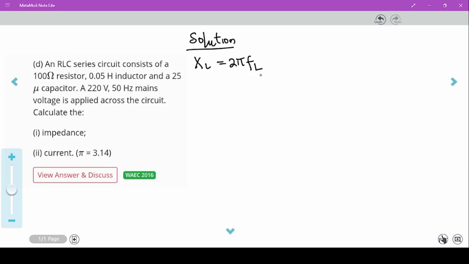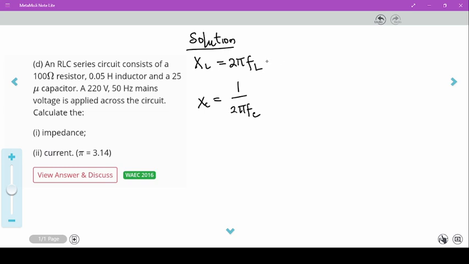F here is the frequency, while L is the inductance. Then for XC, that should be 1 over 2 pi FC. Now, using these terms, we can convert our inductance into inductive reactance, and even capacitance into capacitive reactance.